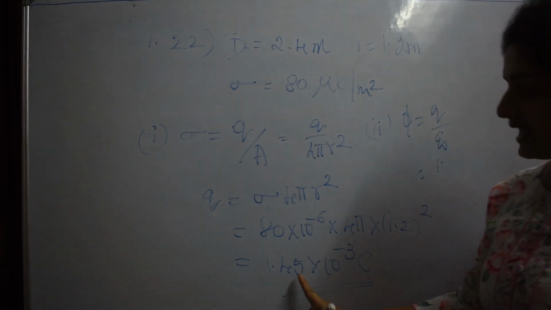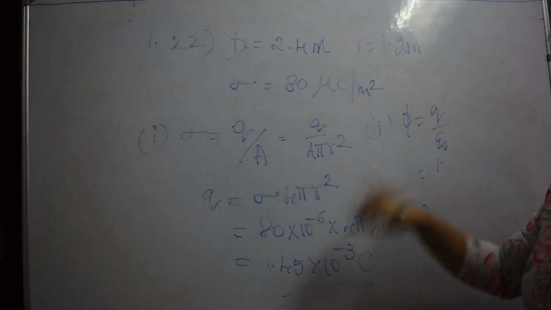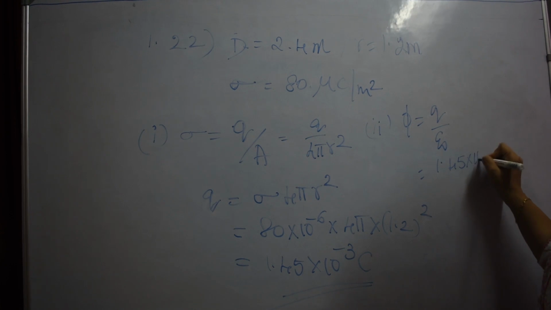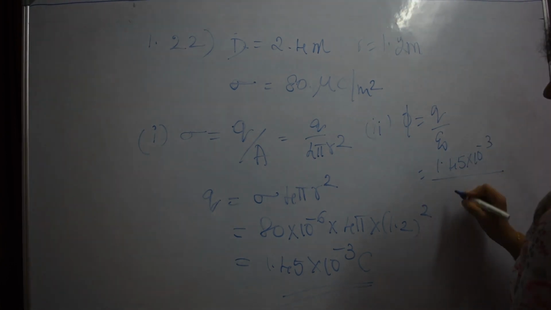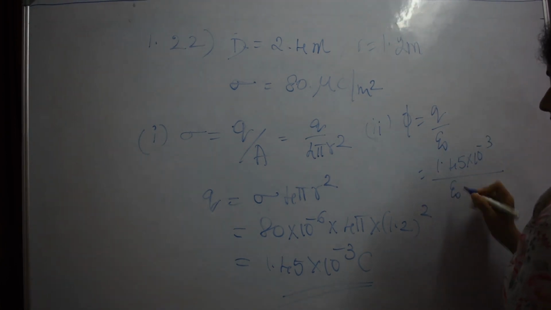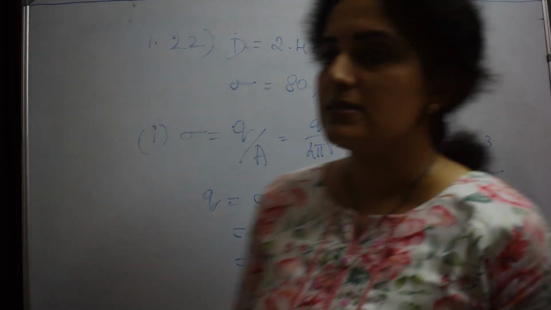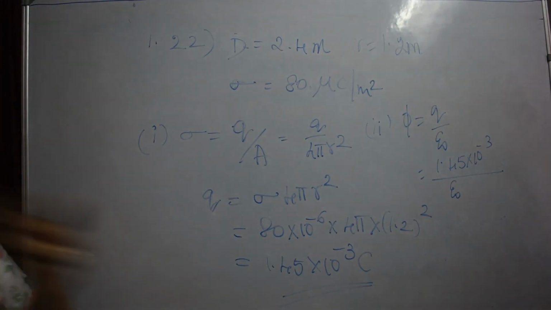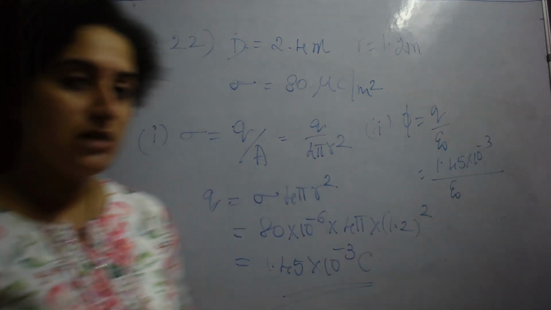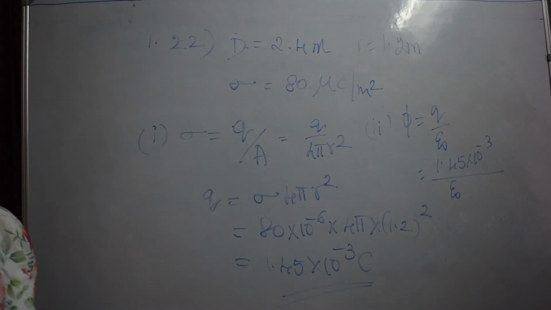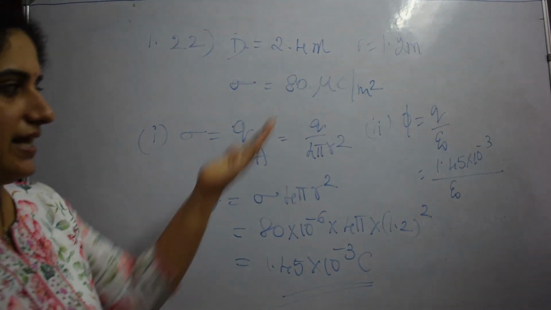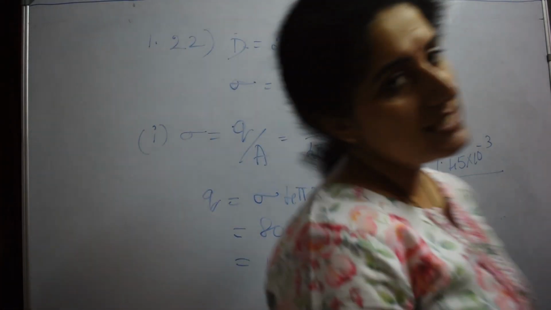So that means this calculation has to be proper, otherwise both will be wrong. 1.45 into 10 raised to minus 3 divided by epsilon naught. So for epsilon naught, either you can substitute 8.85 into 10 raised to minus 12, or 1 by epsilon naught you can write it as 4 pi into 9 into 10 to the power 9, as I have explained in the previous one. Again I will not write. So it is the same thing.